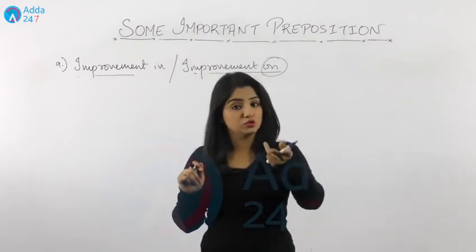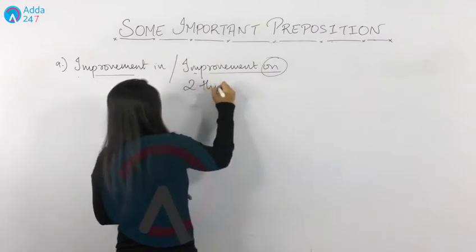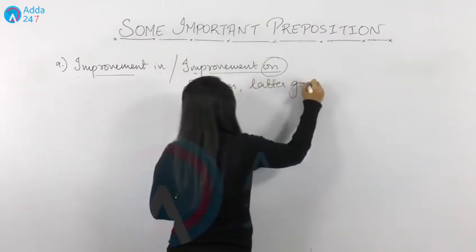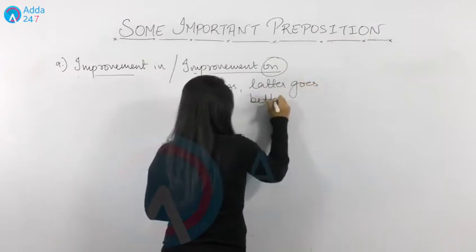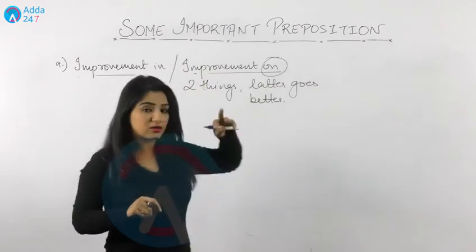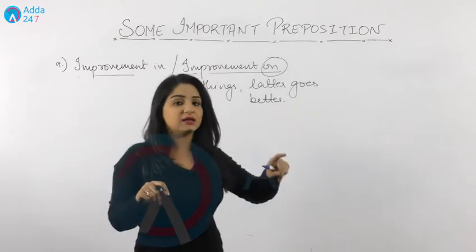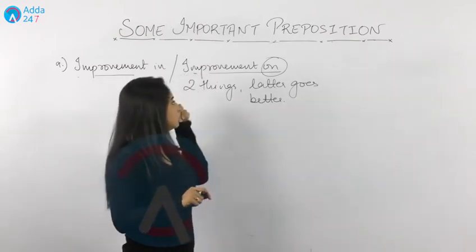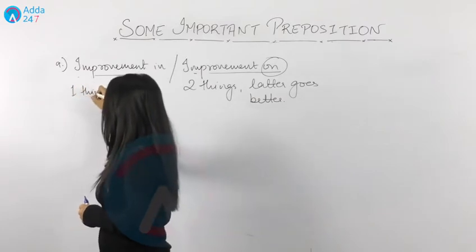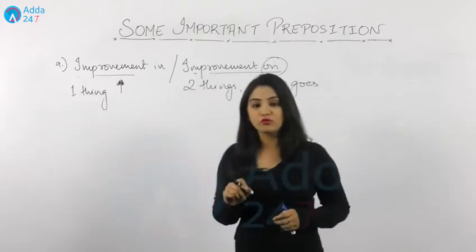That means when we talk about two things and the latter goes better. Latter goes better means if we talk about two things and latter means the thing that comes at the last, that becomes better, then we use what? Improvement on. But when we have only one thing and it improves, then we write improvement in.